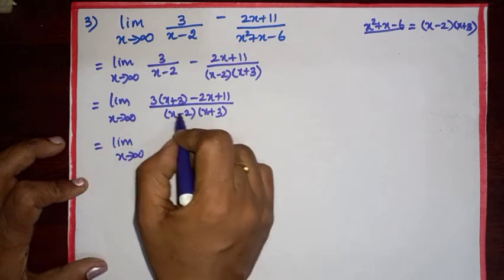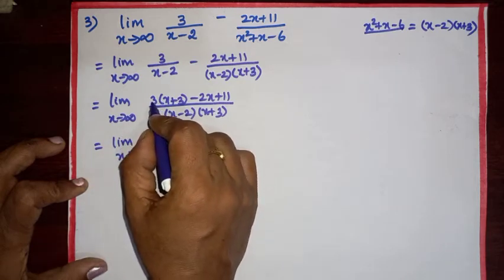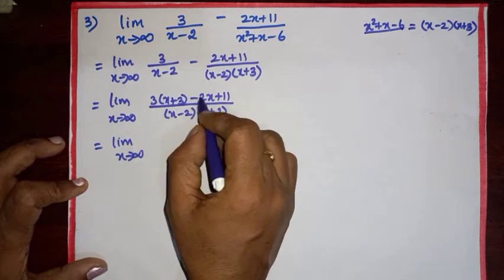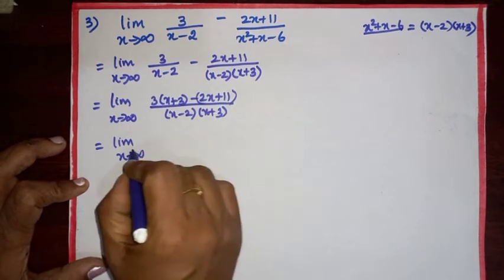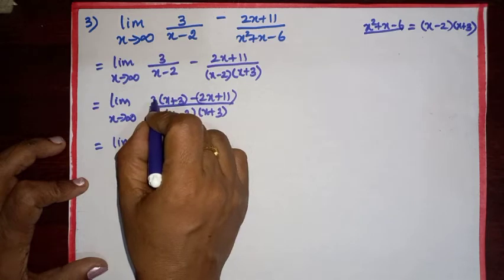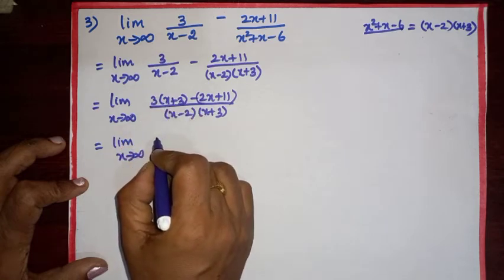Take the LCM. When you take the LCM, we get the numerator as 3 into (x plus 3) minus (2x plus 11), which is equal to limit x tends to infinity. Now multiply the 3 with the (x plus 3).